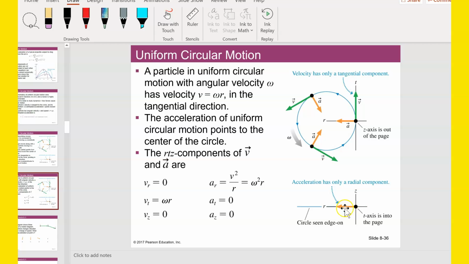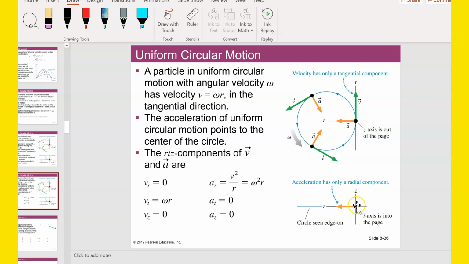Alright, notice on this diagram, imagine you're looking at the back of the race car. This dot represents the bumper or the rear end of the race car, and it's going away from us. It's going into the page. When that's the case, the z-axis is pointing straight up.